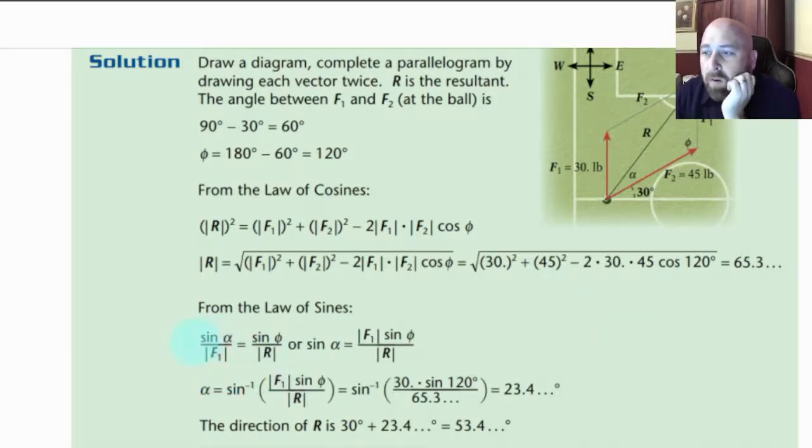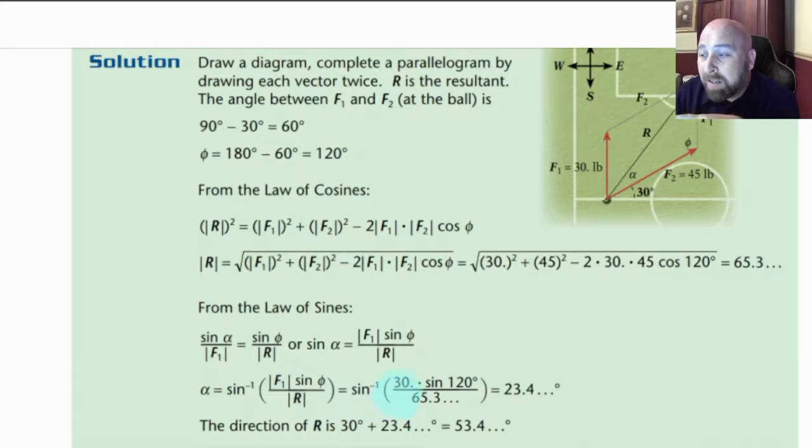So basically what we have here from the law of sines is that the sine of A over A equals the sine of phi over the resultant, or the sine of A equals A times the sine of phi over R. That's just moving it to get sine of A by itself. Okay, so once you do that, then you just start solving it. You do the inverse of this right here. You can plug that into your calculator.